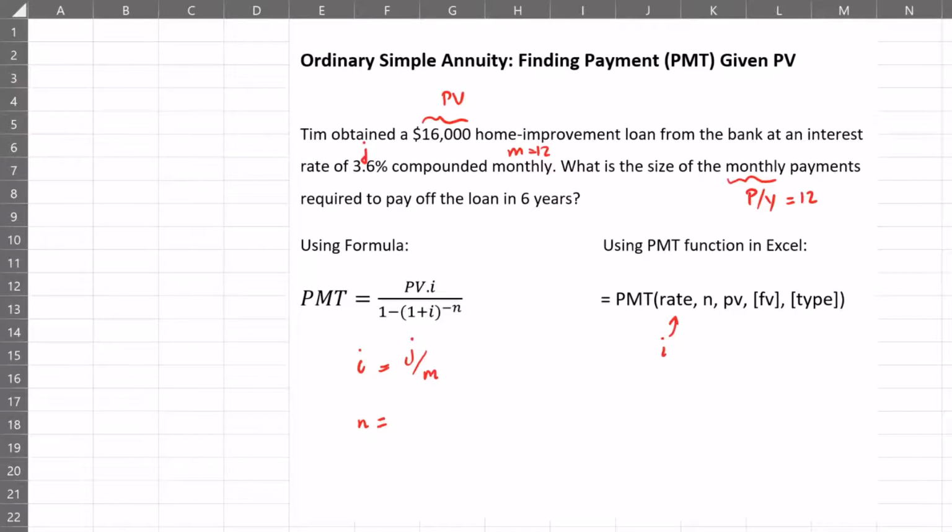Also, we need to find N, the total number of payments in the term. When I say term, it means the loan term, which is 6 years. So N is the number of payments in 1 year multiplied by the number of years in the term, which is T.